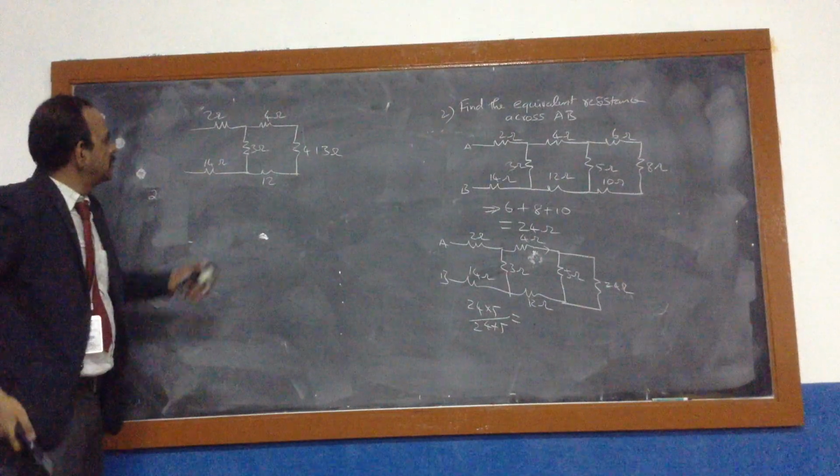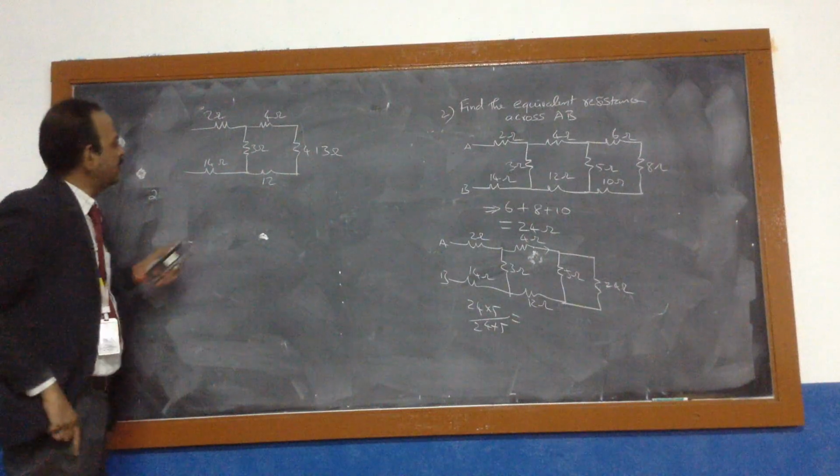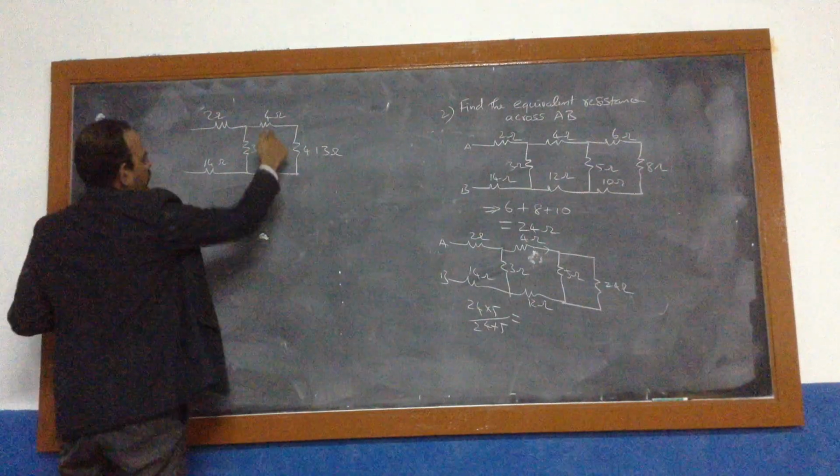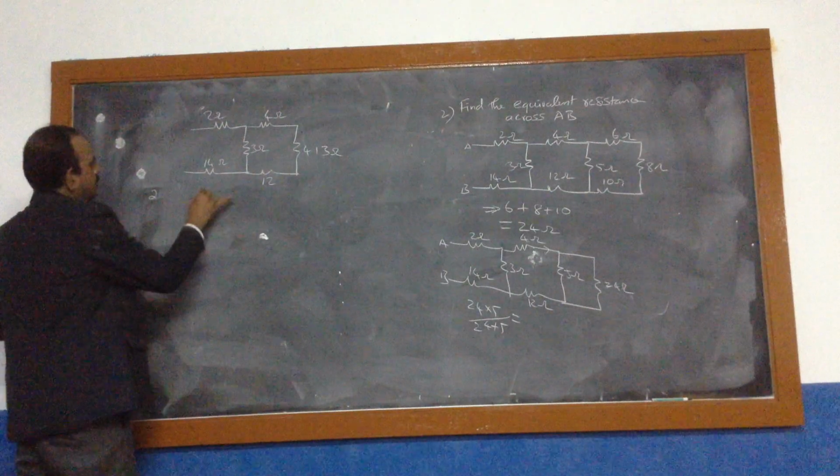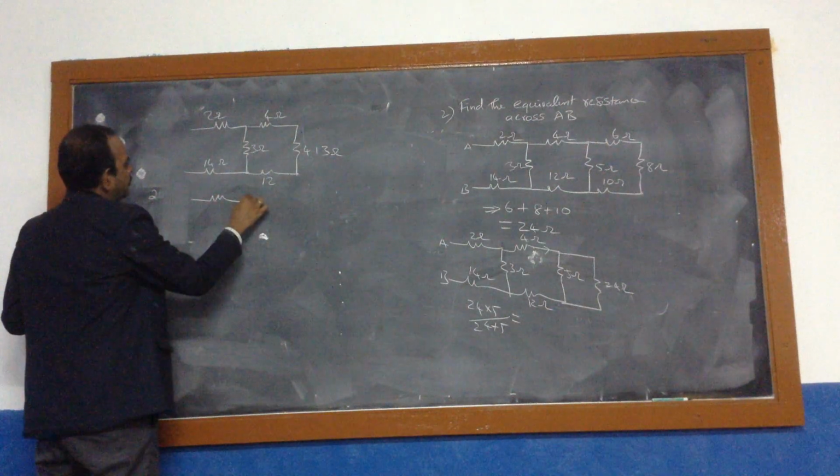Now we can see from the opposite side we have 4.13, 4 ohm and 12 ohm. These three are again in series, so again we draw the circuit.